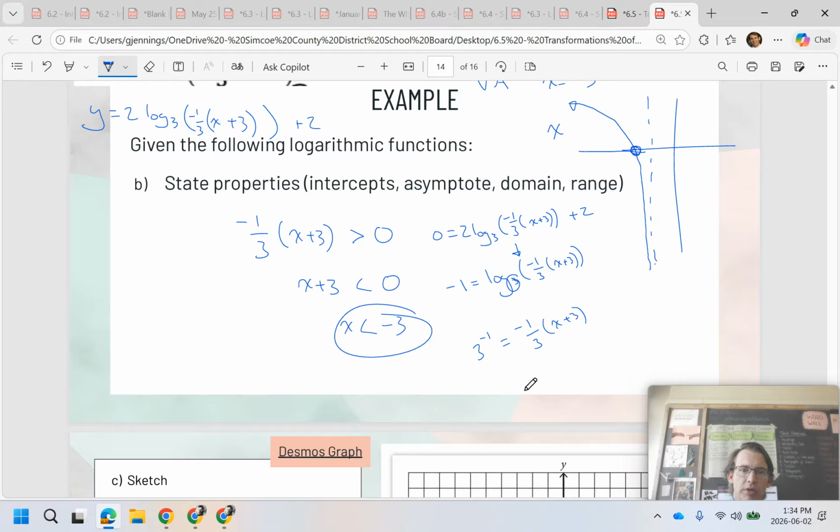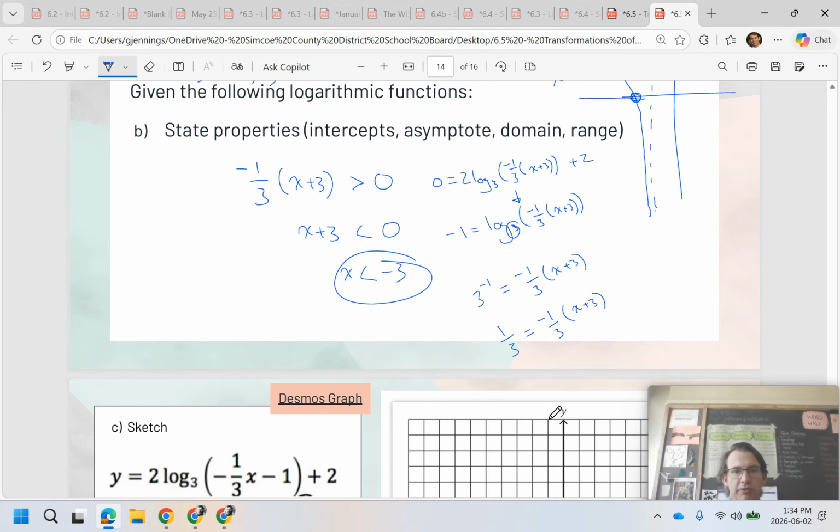Well, 3 to the -1 happens to be 1/3. And that's equal to -1/3 multiplied by something. What do I need to multiply -1/3 by to get positive 1/3? -1. So that makes x what? Yeah, x is -4 here.